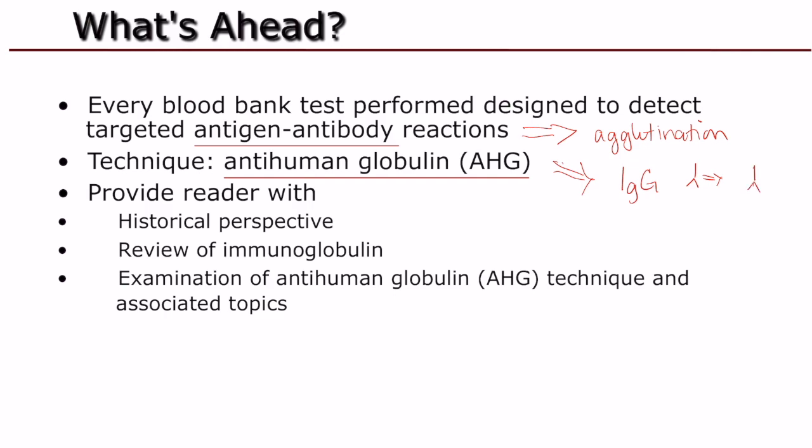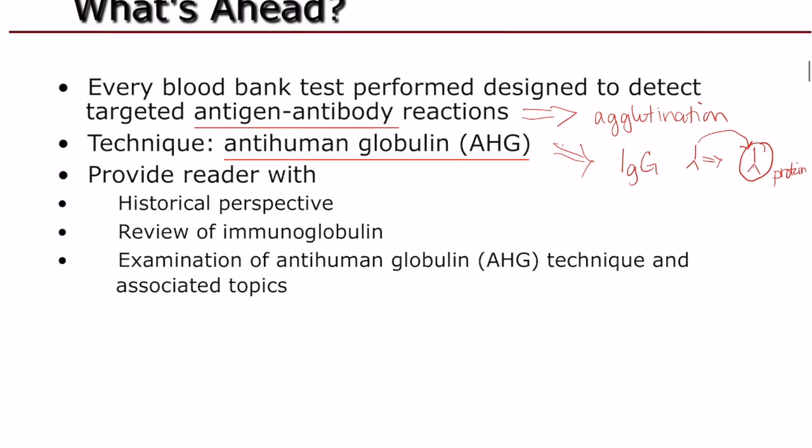So yes, it's an antibody to an antibody. And that's because we have to consider this antibody just a foreign protein. So it's just a protein, okay? We'll work on this, don't worry. We'll talk about it quite a few times.